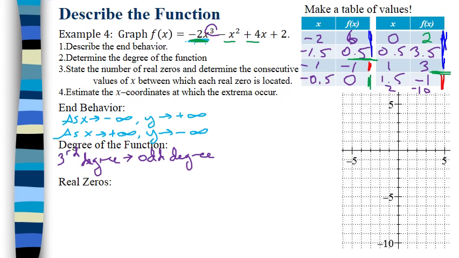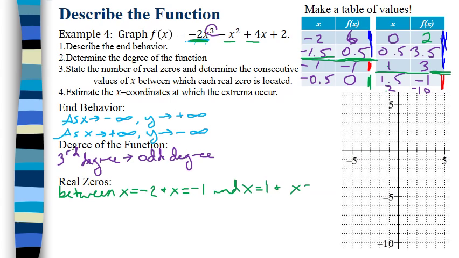So we have zeros between x equals -2 and x equals -1, and between x equals 1 and x equals 2.